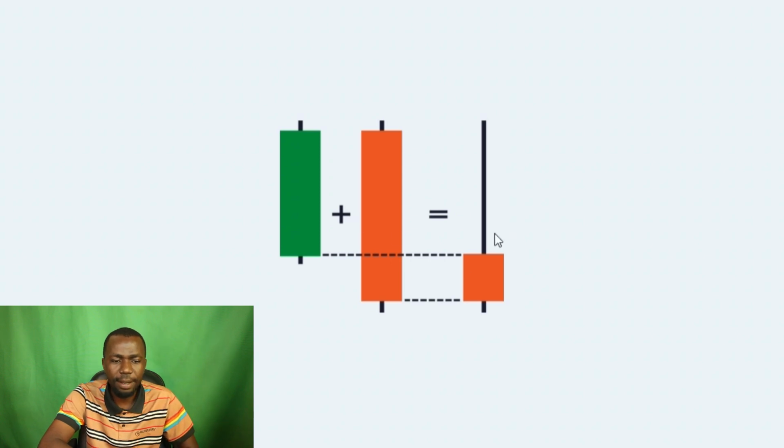In the 4-hour time frame, you can see the shooting star because formerly the price opened somewhere here. This is where the price opened, right? So when the price opened here, the buyers were still in charge. They pushed the price all the way to this level, which is the same thing with this, right? So what happened?